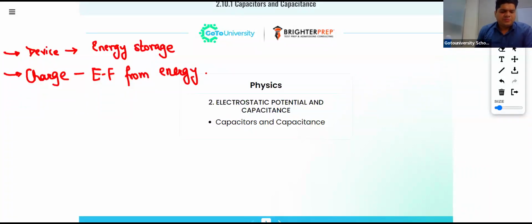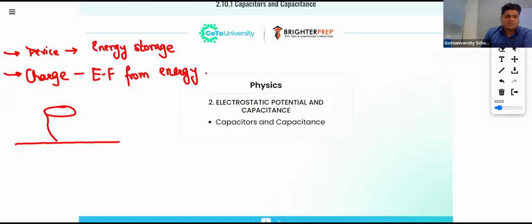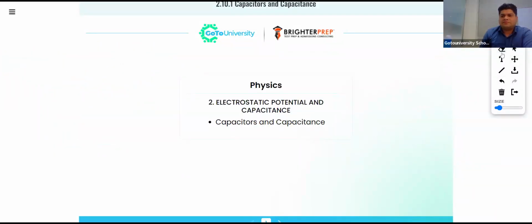Now, what is energy storage? Why is it necessary for the storage of energy? Consider we have a surface. On that surface we have a bucket.